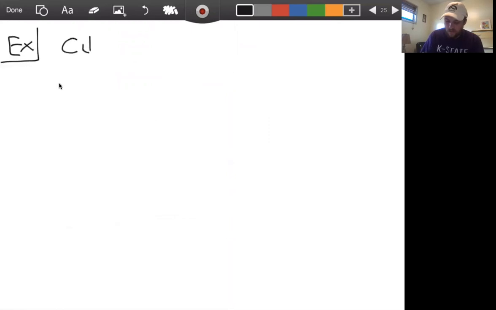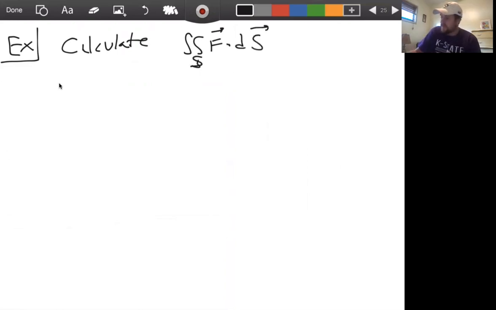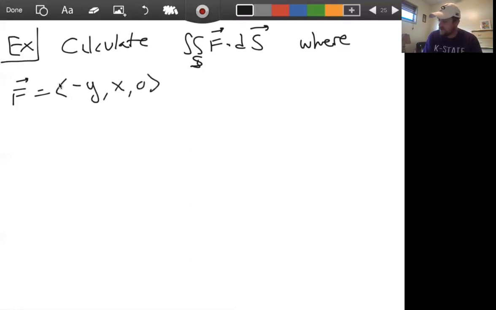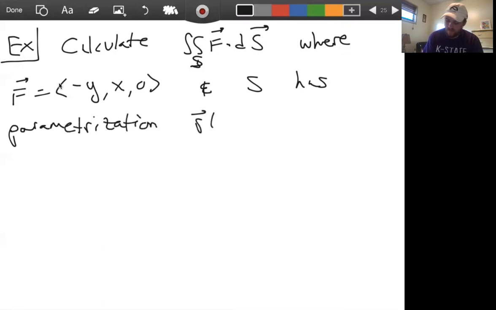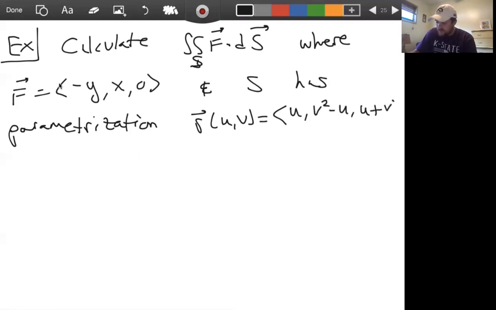Let's calculate the vector surface integral over S of F dot dS, where F is the rotational vector field negative y, x, 0, and S has parameterization R of u,v equals u, v squared minus u, and u plus v, for u between 0 and 3 and v between 0 and 4.